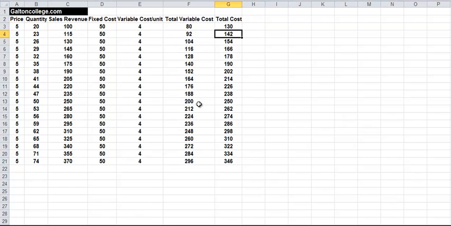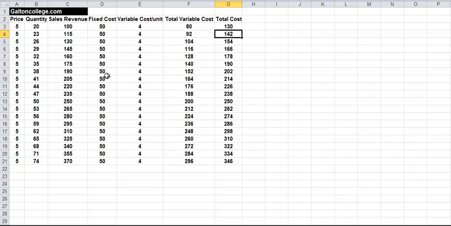And we can just insert the total cost there. It's just equal to the fixed, which is 50, variable is 80 in this case, total is 130. Fixed again 50, variable 92, total 142.